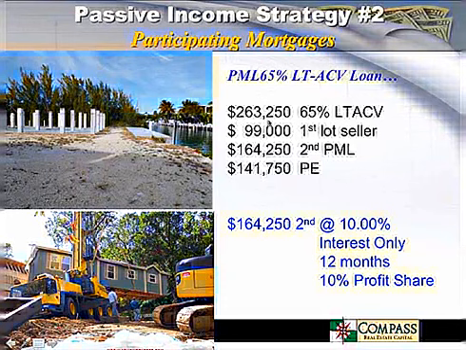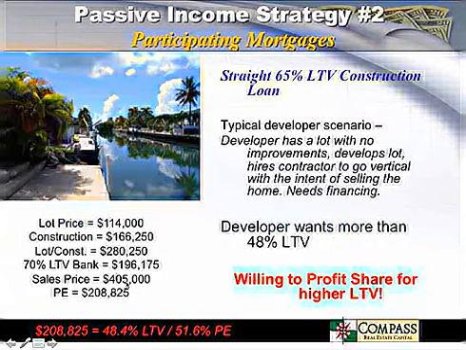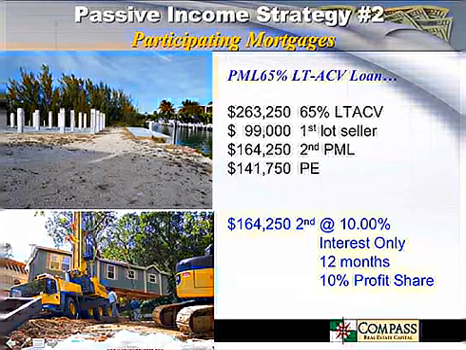So at $263,250, that is 65% of the 405. Again, the place was worth 405. So 405 times 65%, you get 263,250.